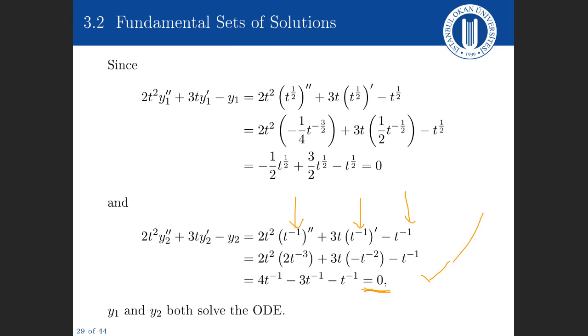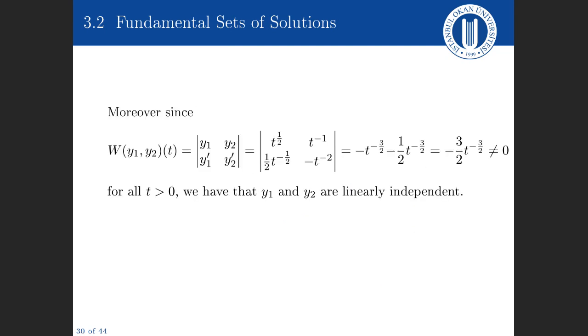We also need to check, are y1 and y2 linearly independent? To do that, we calculate the Wronskian. That's the determinant of the 2x2 matrix y1, y2, y1 prime, y2 prime. Put the functions in, calculate the determinant, simplify it as minus 3 over 2, t to the power minus 3 over 2.